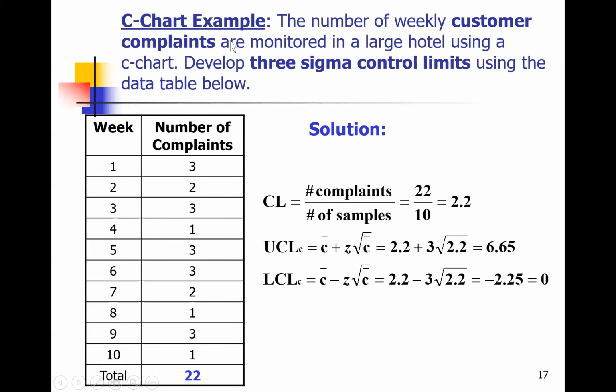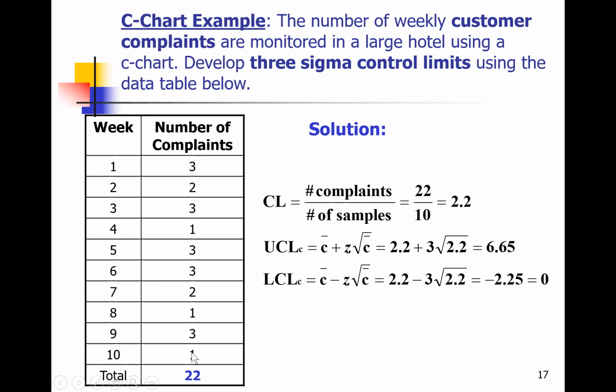And the C chart. You can use this type of C chart when the problem is like this: number of complaints in the first week, number of complaints in the second week, the third week, 4th week, 5th week, 6th week, 7th week.